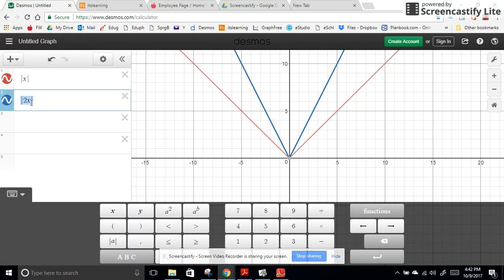The 2 on the inside, oh Lord, that's just so confusing. It caused a horizontal change. What happened is it didn't change the y values, it changed the x values, and we have to take half of the x value of each one of these.